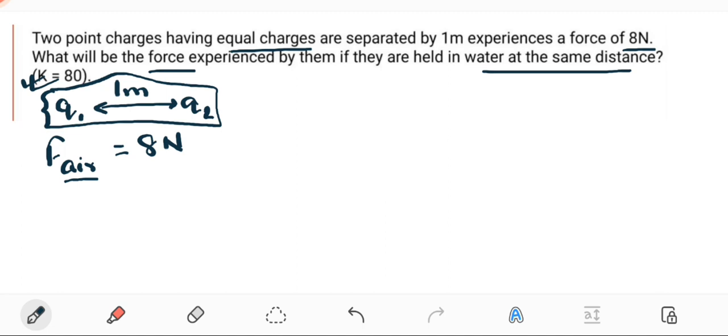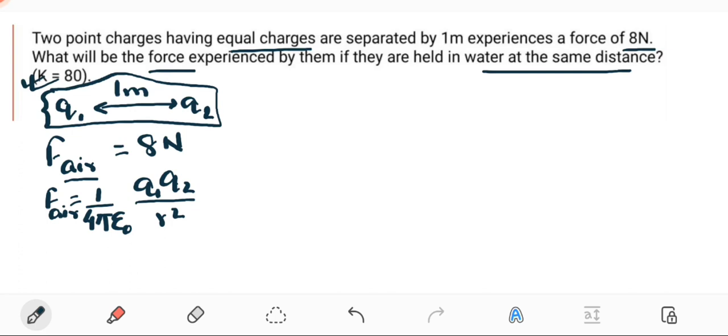Students, we know Coulomb's law: force is equal to 1 by 4 pi epsilon naught q1 q2 upon the square of the distance between them. This is for air.